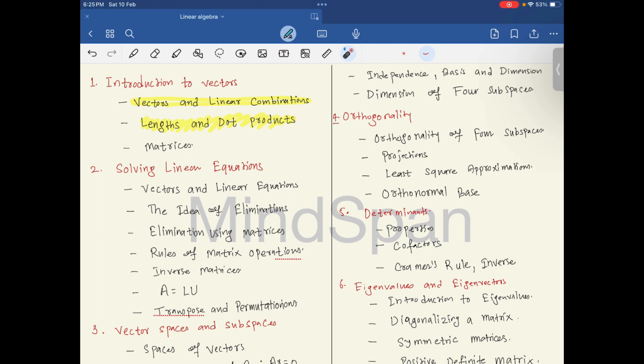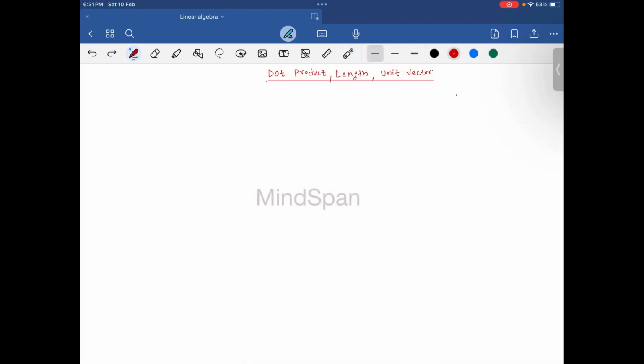We will simply look at what a length of a vector is, what a dot product is, and with a few examples we will wrap up this session. So in this video we are going to define the dot product, length, and what unit vectors are.